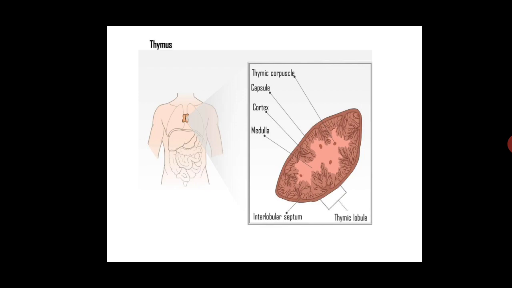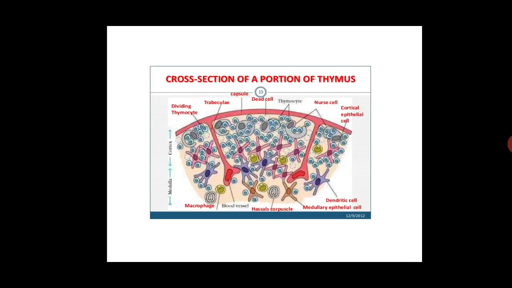It is divided into two zones, an outer cortex and an inner medullary zone. In the outer cortex area, densely packed immature T cells are present.